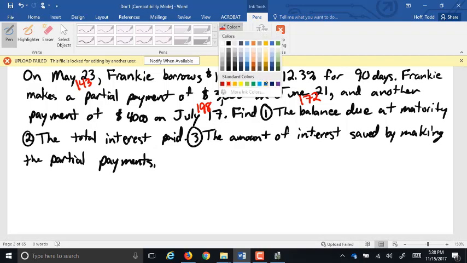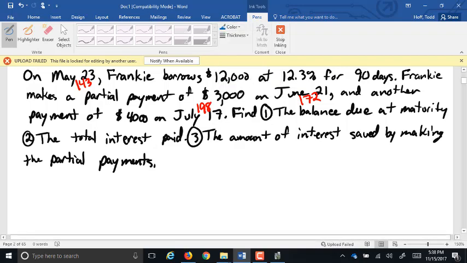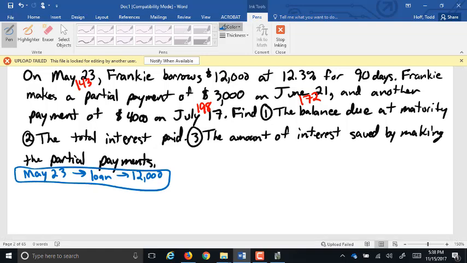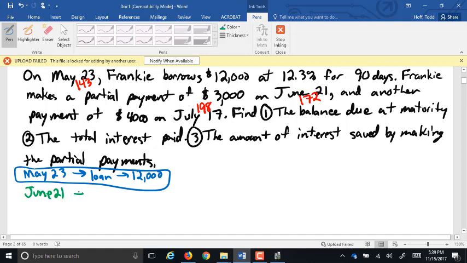So we're going to start out answering the first question. Find the balance due at maturity. So of course, day one, May 23rd, is when the loan is made. The next event is June 21st, and that is a $3,000 payment.